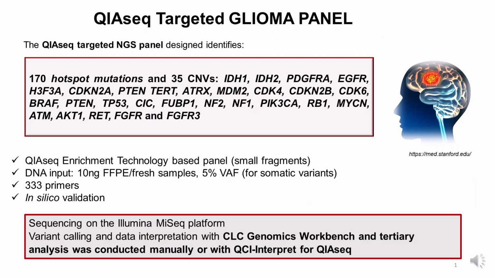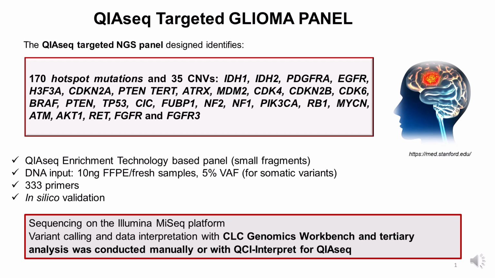The first one, the QIAGEN targeted NGS panel, was designed to identify 170 hotspot mutations and 35 copy number variations in key genes in gliomas. Genes are listed in the red box and are IDH1, IDH2, PDGFR-alpha, EGFR, and other important genes for the molecular classification of brain tumors.